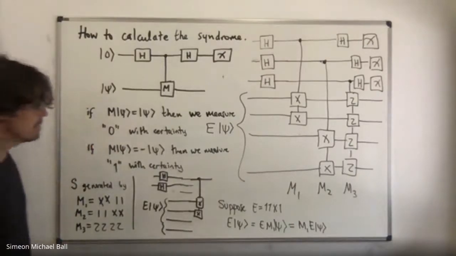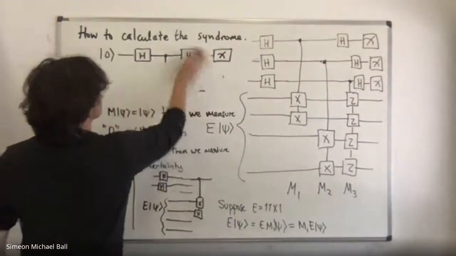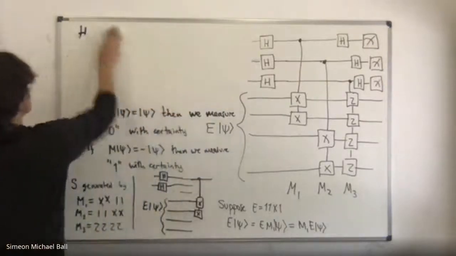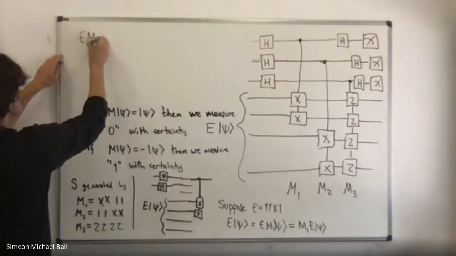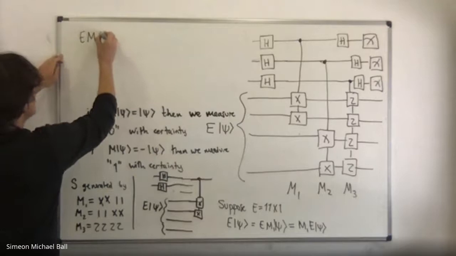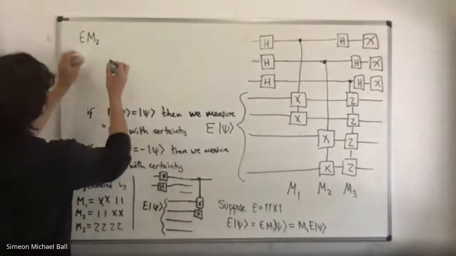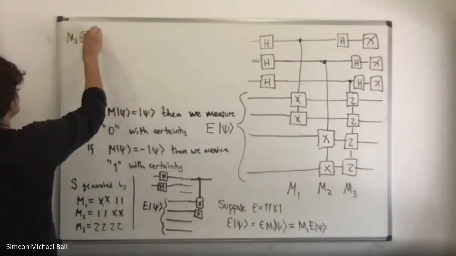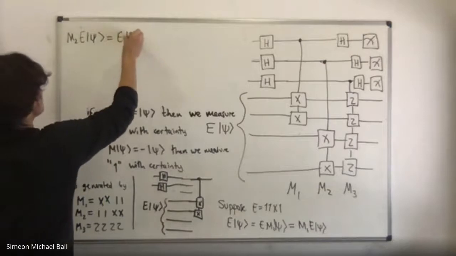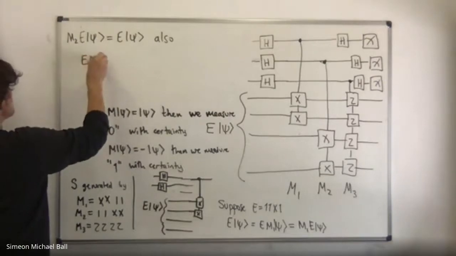And then when we come to M2, E also commutes with M2. Okay, so same thing happens with E2. So M2 of E psi is equal to E psi also. Same reason. But E and M3 anti-commute.